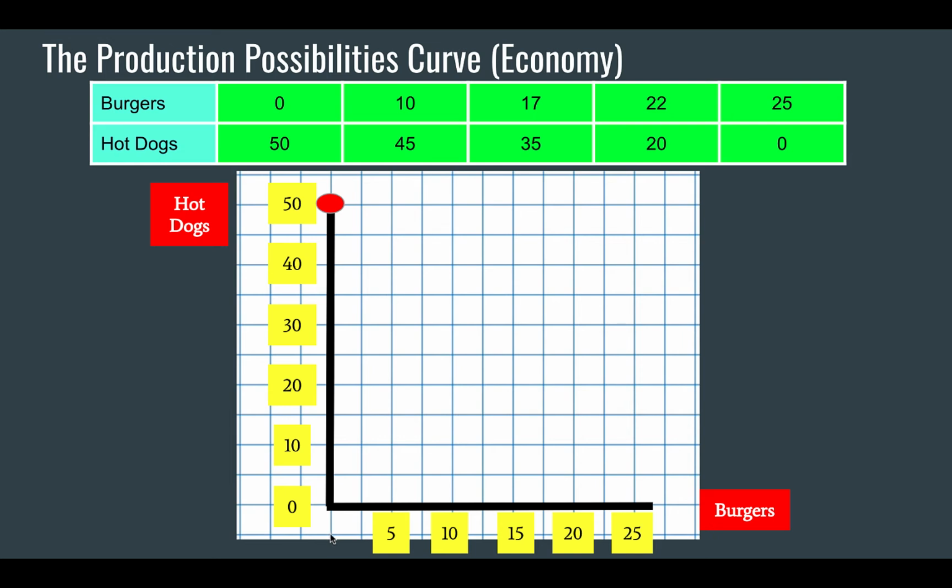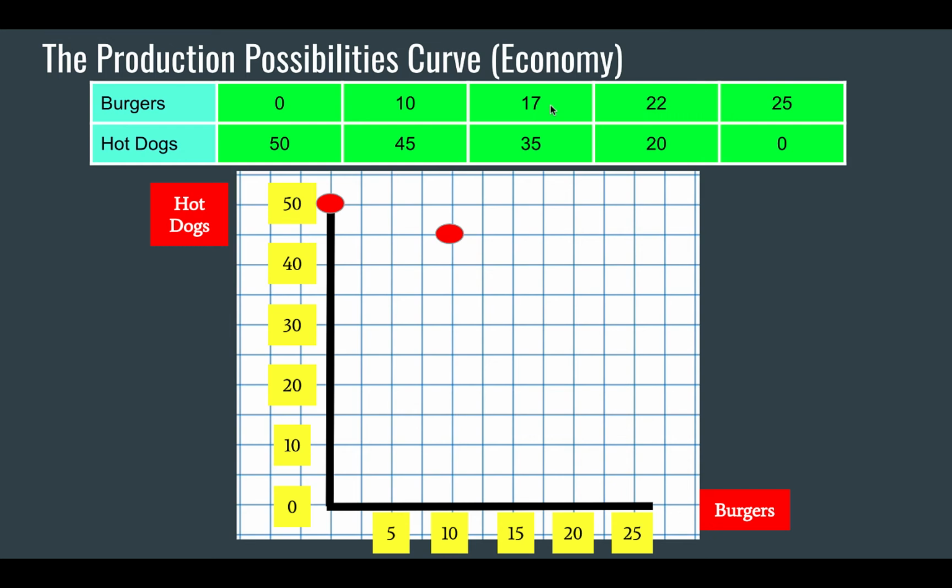Now, if we started to devote some factors of production to the production of burgers and hot dogs, we change what we could produce, and we would be able to produce 45 hot dogs and 10 hamburgers. Now, I believe that is somewhere in and around there, and I think I'm correct. So we've got 45 hot dogs and 10 hamburgers. I think I'm correct in putting the dot there.